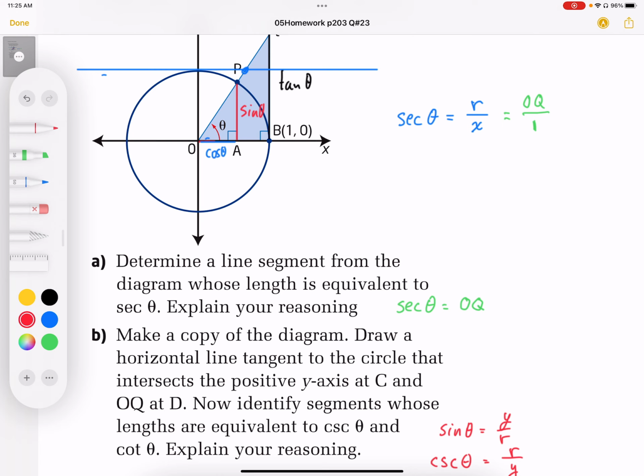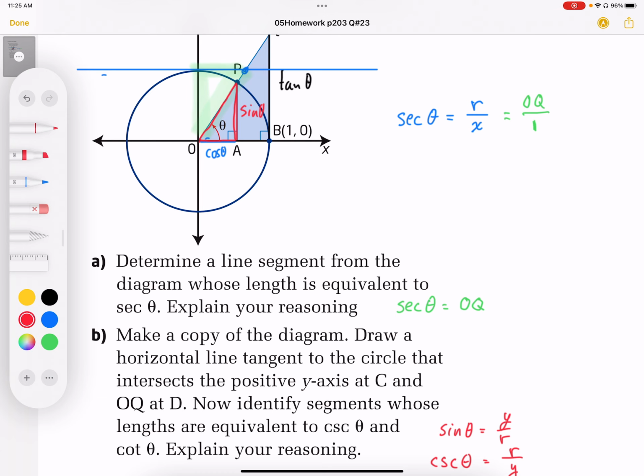So I'm going to highlight this triangle here. And I want you to notice that this triangle is the exact same triangle as our original triangle that we started with at the very beginning. Okay, this red triangle that I'm going to highlight here. That green highlight triangle is the exact same proportions.